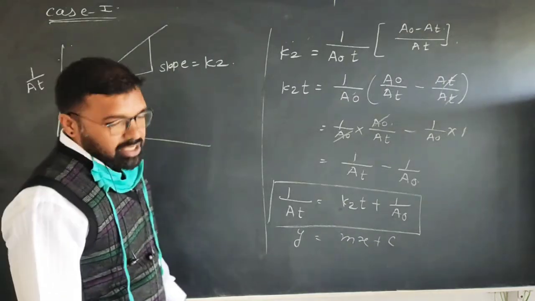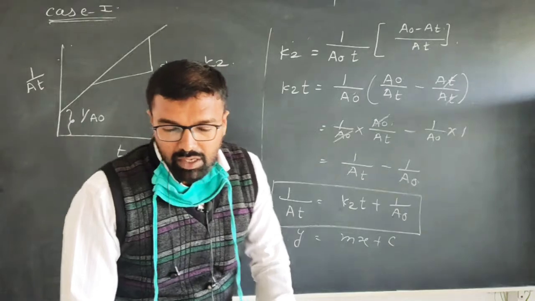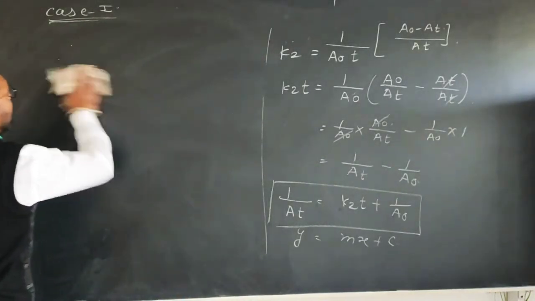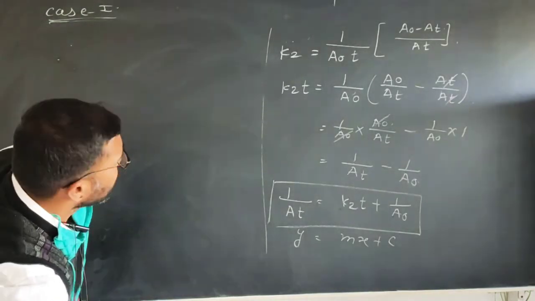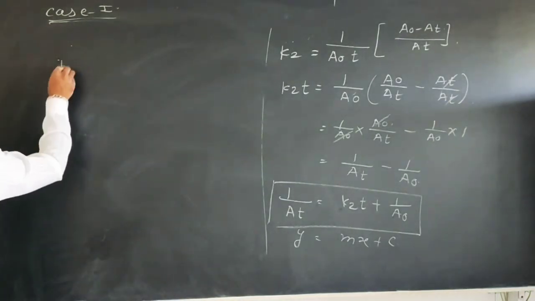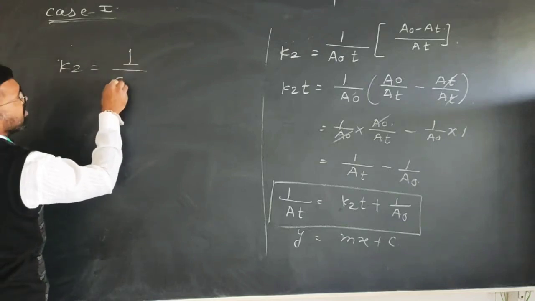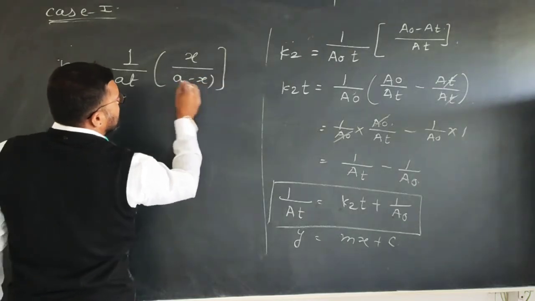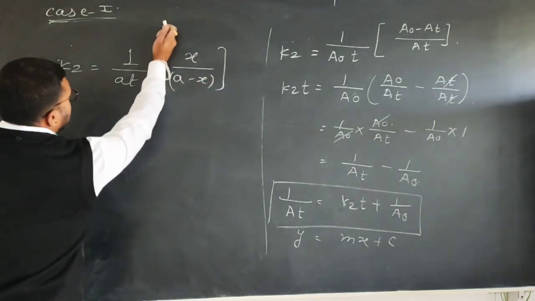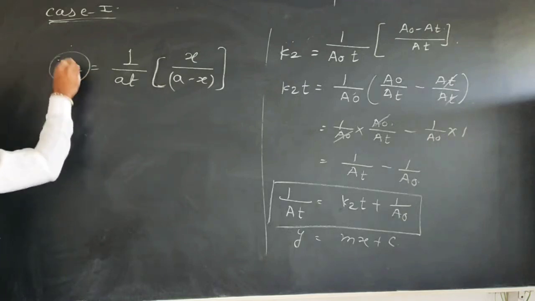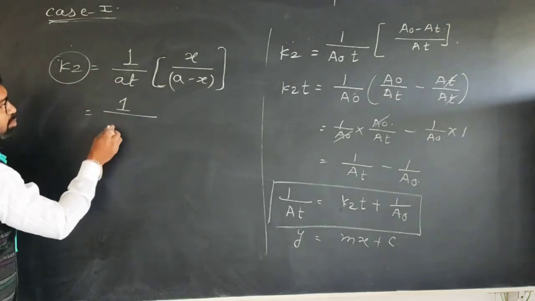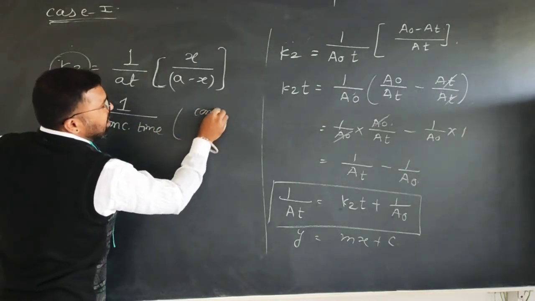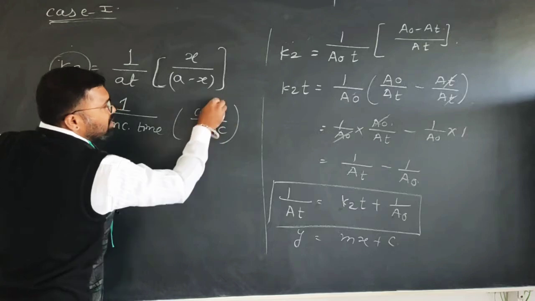Now if you want to find the unit, the second characteristic, consider any equation. Suppose I consider this equation, K2 is equal to 1 upon t into x upon a minus x. I want to find the unit of this. This is the concentration, this is the time, this is concentration, this is concentration.